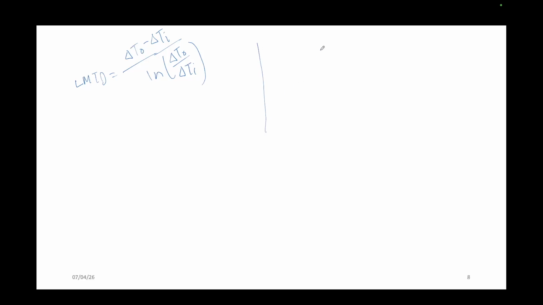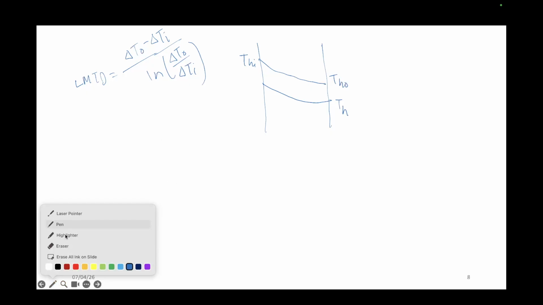So in case of your counter flow, what is it? This one is your Thi, this one is your Tho, this one is your Tci, Tco.